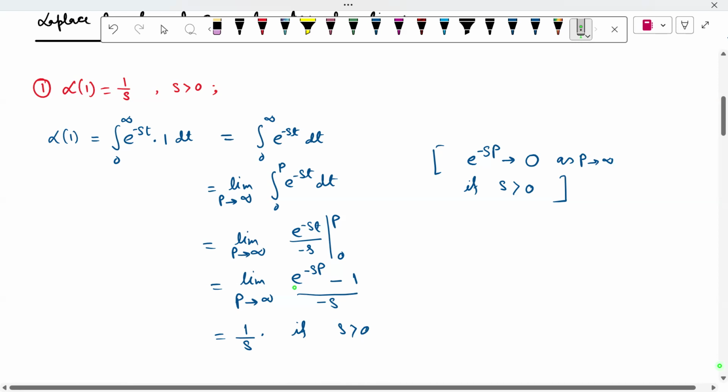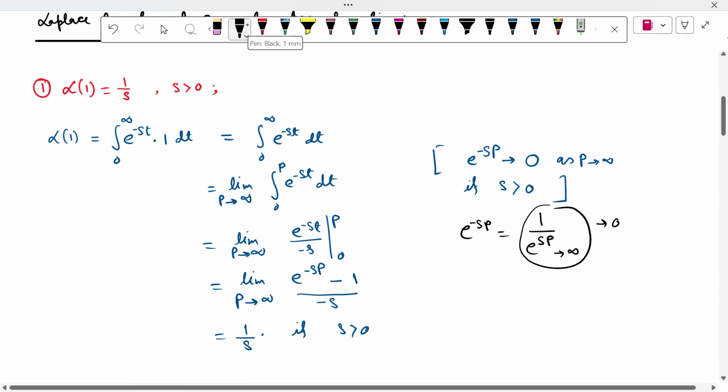Now look, this function goes to 0 as p tends to infinity when s is positive. Why is this happening? We see that e to the power minus sp can be written as 1 by e to the power sp. If s is positive, then this goes to infinity, so the whole thing goes to 0.